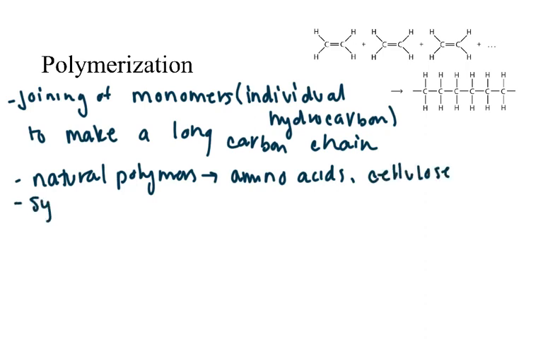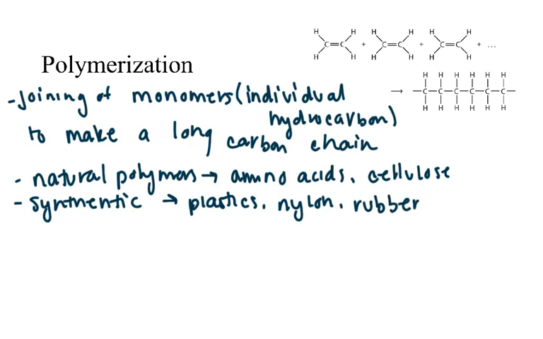And then we also have our synthetic ones. Synthetic. And these are plastics, nylon, rubber, different kinds of products you probably work with and deal with every single day. Okay, so in addition, polymerization, so we're just going to do this very briefly.